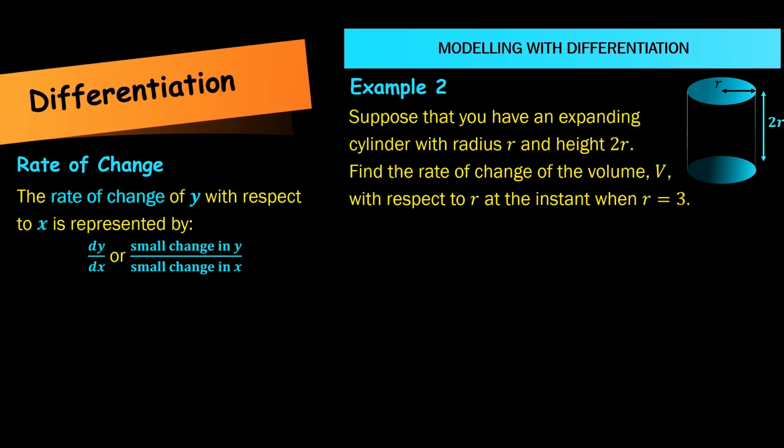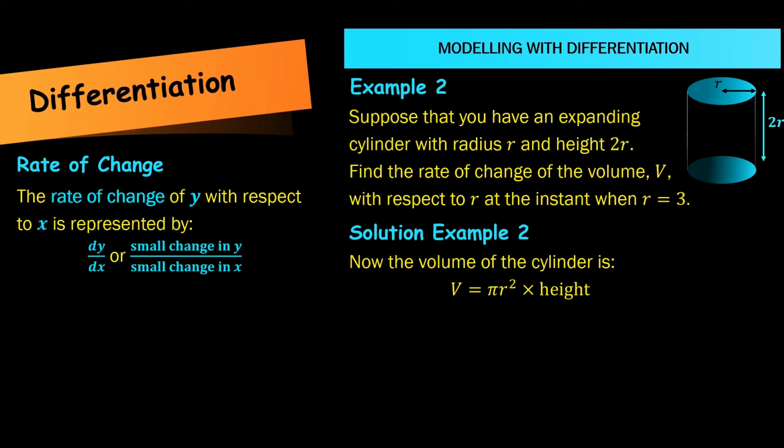Let's take a look at another example. Suppose that you have an expanding cylinder with radius r and height 2r. Find the rate of change of the volume V with respect to r at the instant when r is equal to 3. Let's try solving this. The volume of the cylinder is V equals pi r squared, in other words the area of the base, multiplied by the height.